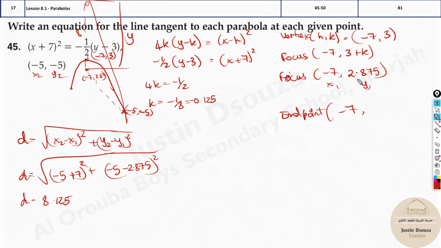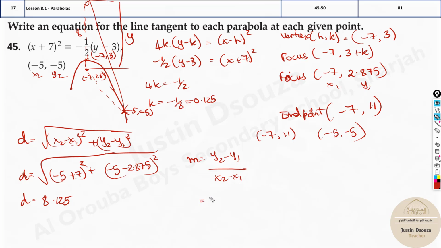When you add it up over here, what's going to happen? 2.875 plus 8.125 is 11. So this must be the answer. Just use the calculator and add them up. Now we have the 2 points of the tangent. It is minus 7, 11, and we have the given point minus 5 and minus 5. So m is equal to y2 minus y1 by x2 minus x1.